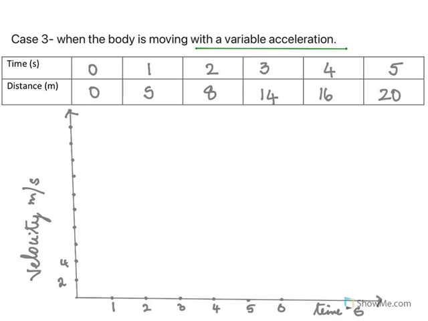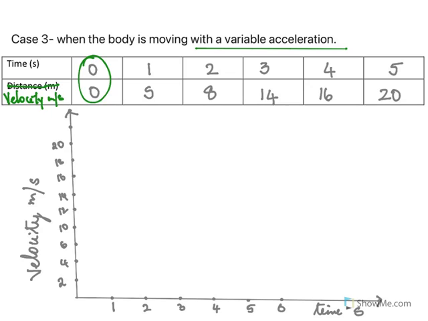Here we take meters per second, 2, 4, 6, 8, 10, 12, 14, 16, 18, 20. Now we go ahead and plot. Remember, this is not distance versus time, but velocity, so we have to change this to meters per second.